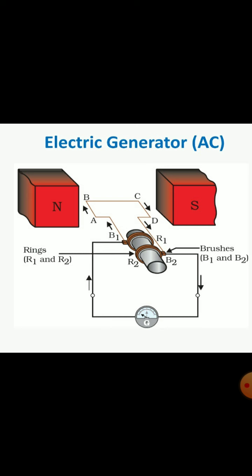Then we have the axle, which is the rod which turns. Also we have the galvanometer, which detects the flow of current in the given circuit. So, these all are the components of an electric generator.